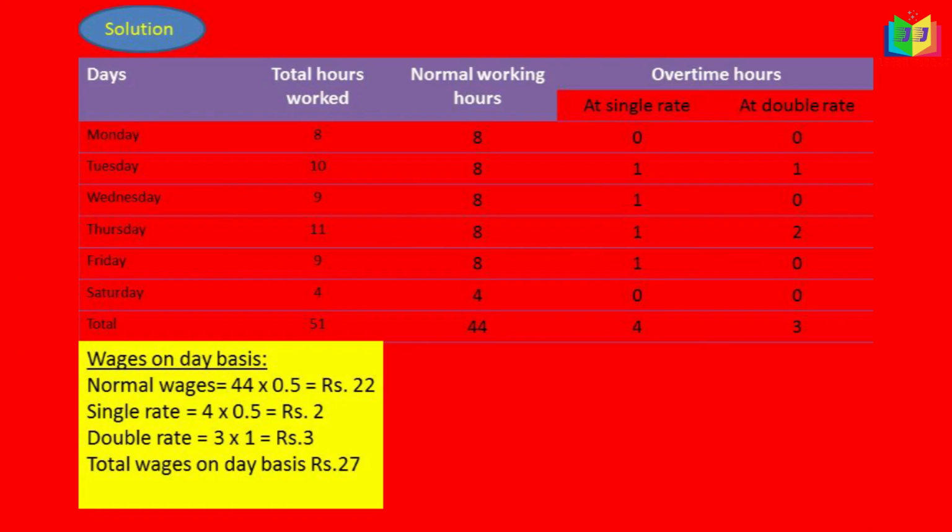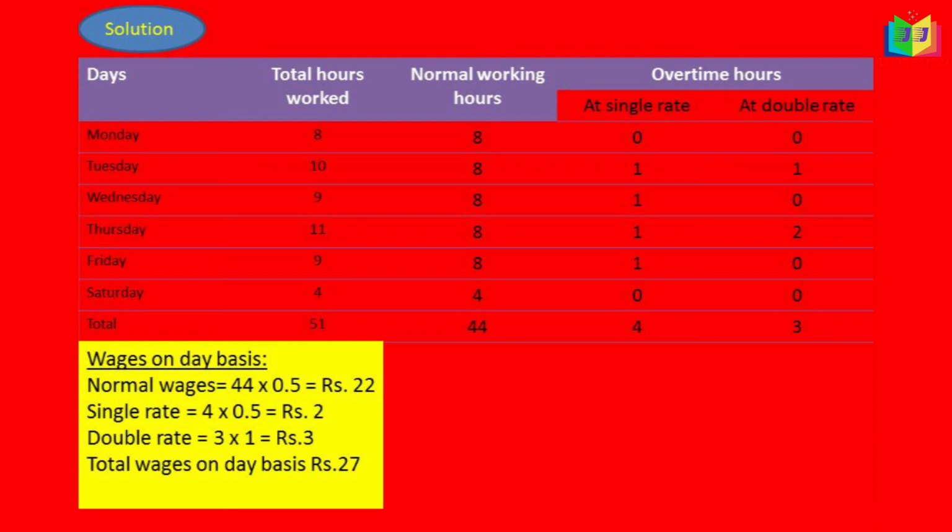Okay, and now we have to calculate the wages on day basis. Okay, on day basis the normal wages will be 44 hours normal working hours into the rate per hour, 50 paise, so we'll get 22 rupees.